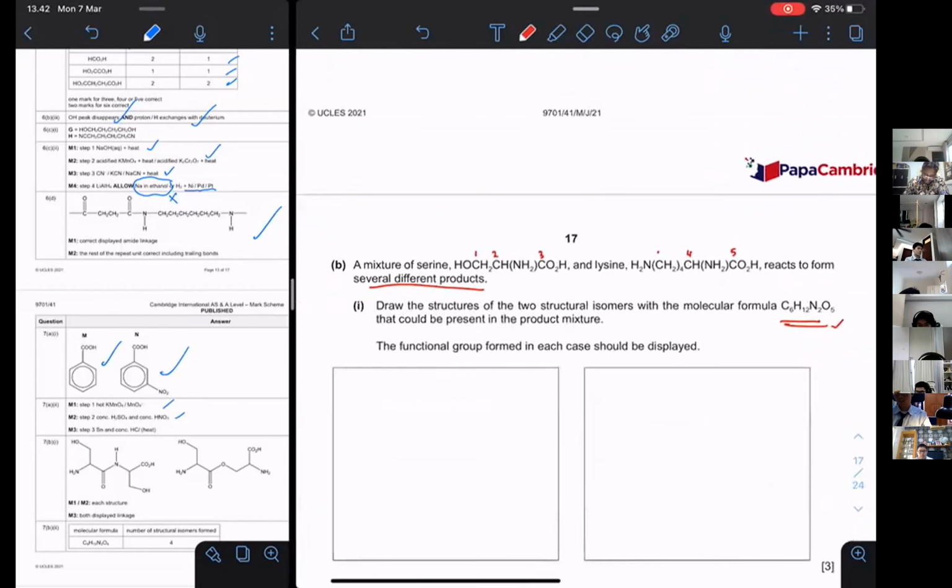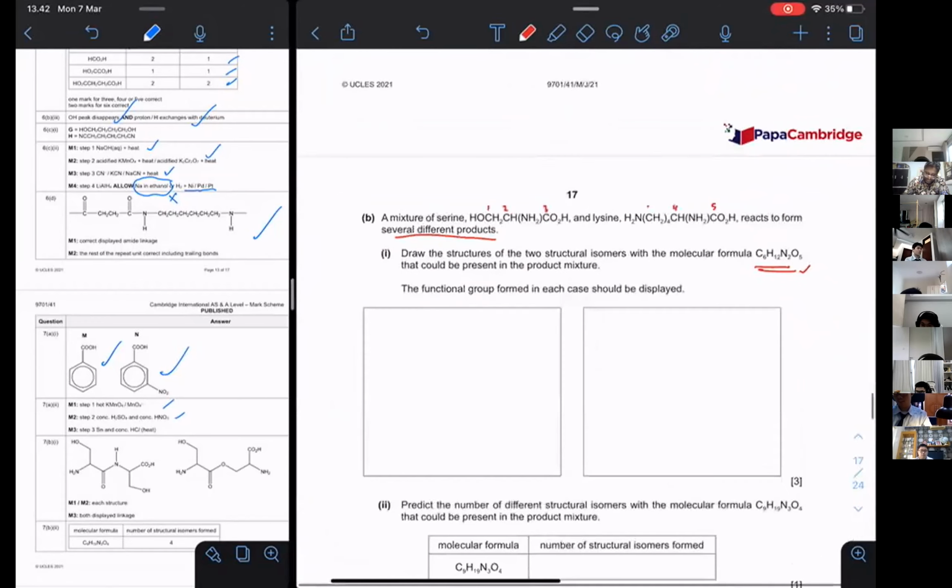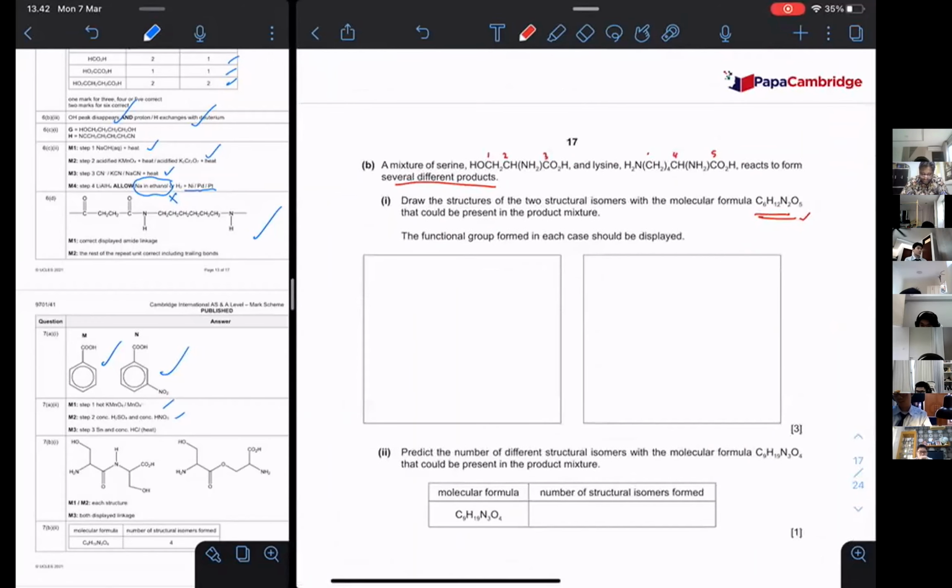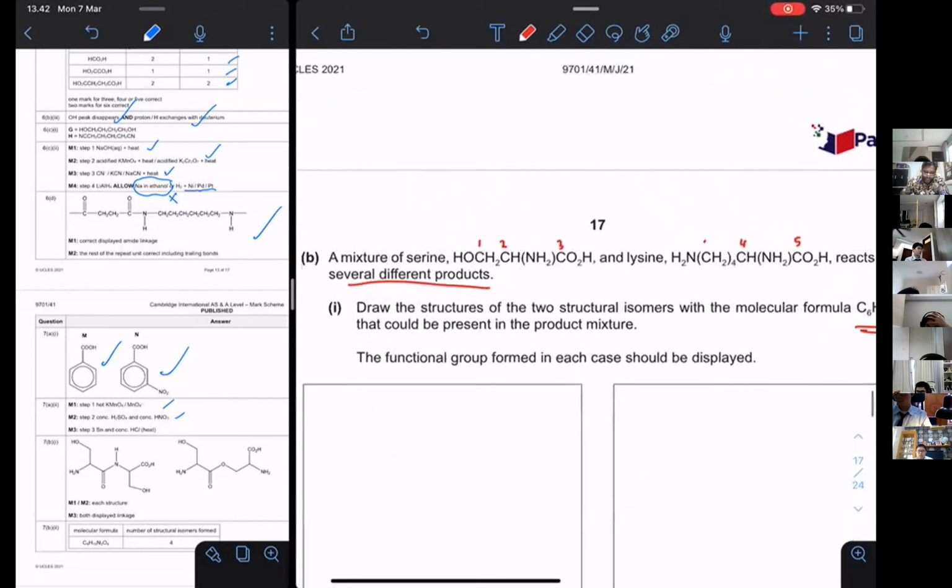So I don't think so it's direct. They say draw the structures of 2 isomers with the molecular formula C6H12N2O5, that could be present in the product mixture. Mixture of serine reacts. Let me try first.